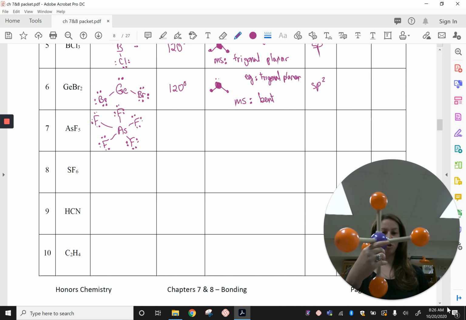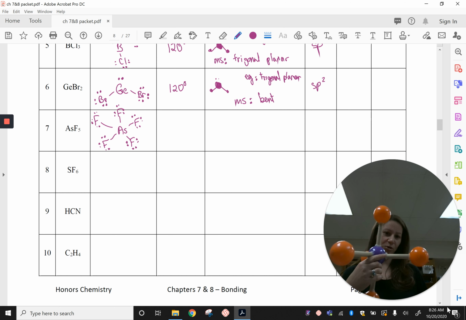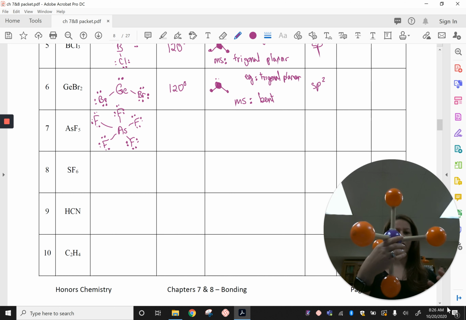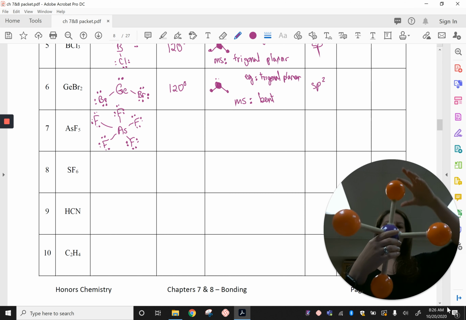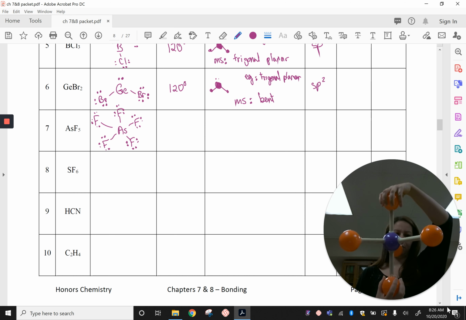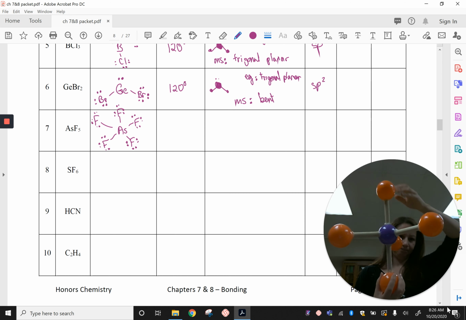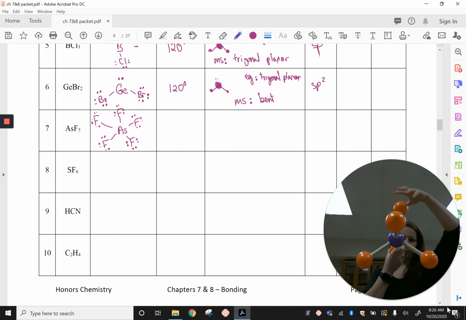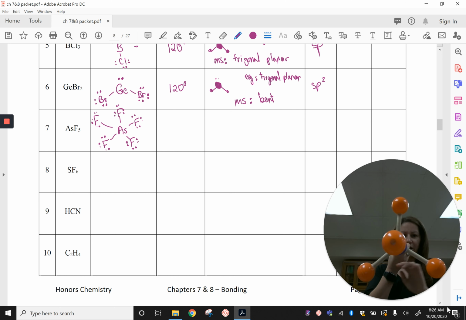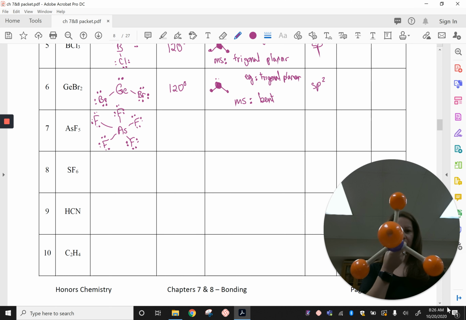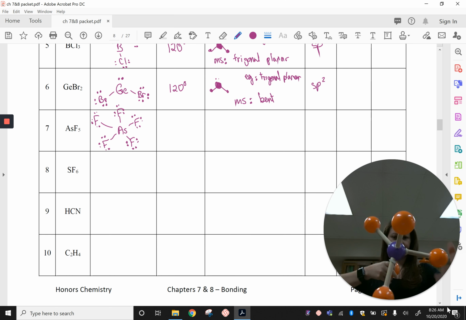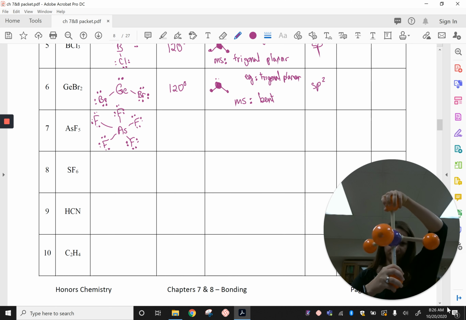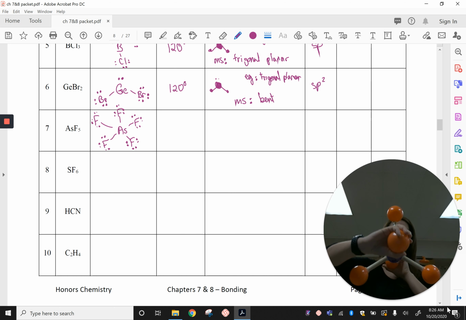So if you don't have this, go ahead and make it on your marshmallow so you can see what the shape looks like in front of you. So take your marshmallow, put 1 up, 1 down, so that you make a line. And then on the opposite plane, make them 120 degrees apart, so it looks like a peace sign. So 1 up, 1 down, and then the other 3 are 120 apart.